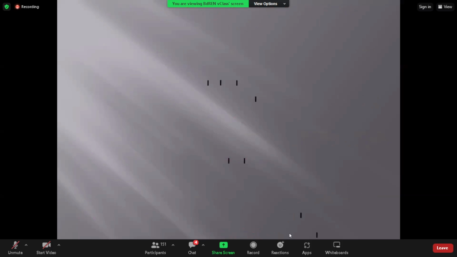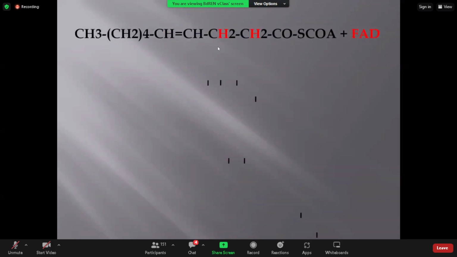Now the rest of the chain will look like this, and it is an exceptional step where FAD is observed here. These 4 steps when happened, then FADH2 or NADH will be produced. But here we see this is an exception reaction of the unsaturated fatty acids where FAD will be converted into FADH2 without going through the 4 steps of the beta oxidation process.